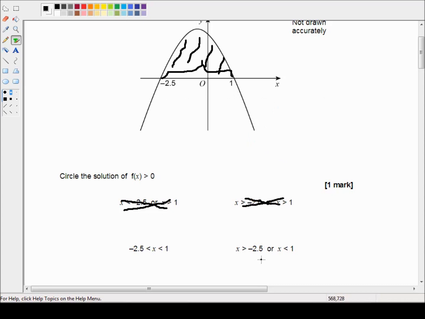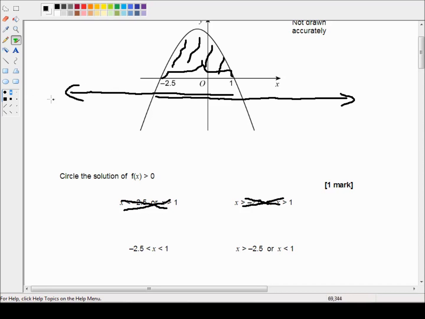X greater than negative 2.5 or x less than 1. Well, that's also wrong because x greater than negative 2.5 is this all the way going up to infinity, or x less than 1 means we're also including everything from 1 down this way.